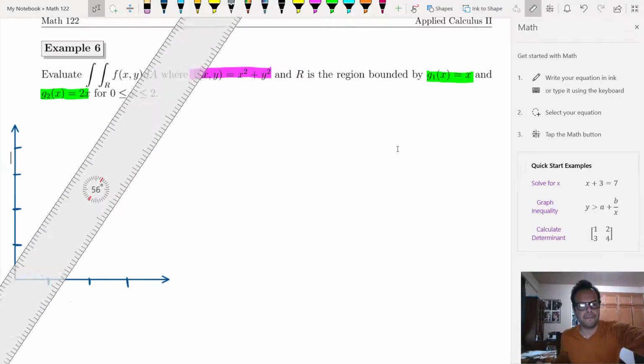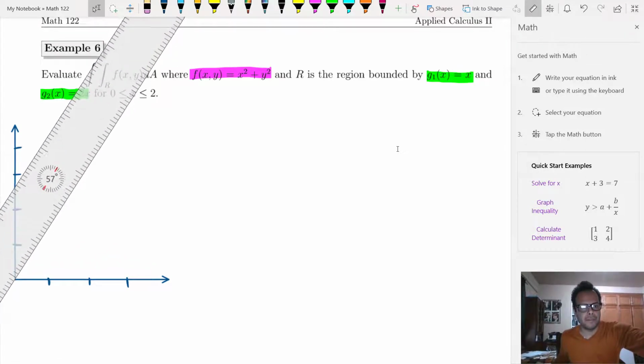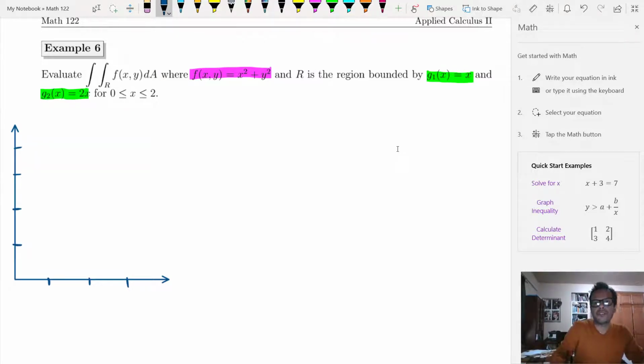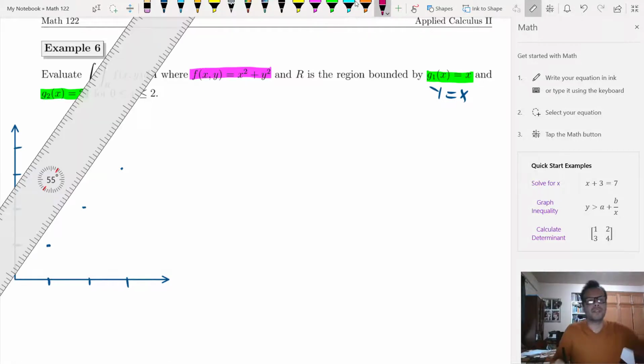Oh, I see. Okay. So I'm going to plot the points for g sub 1 of x, which is y equals x. That's 1, 1, 2, 2, 3, 3. Okay, let me connect the dots. I'm going to use a different color for that line.